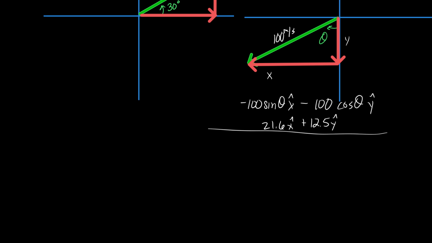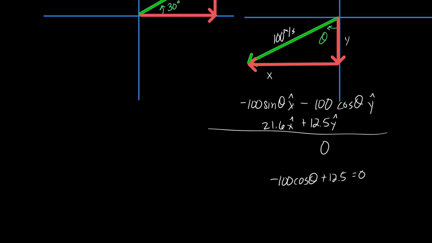So I am going to intentionally add up the y components and set them equal to 0, so that the components of those two velocities cancel out, leaving the plane purely to travel in the west direction. So that means negative 100 cosine theta plus 12.5 equals 0.